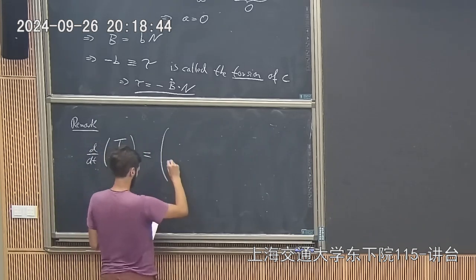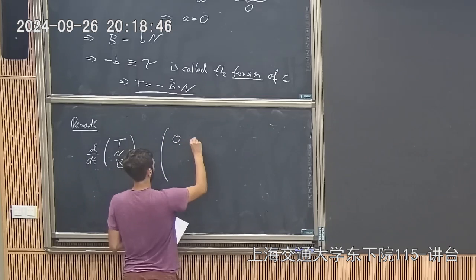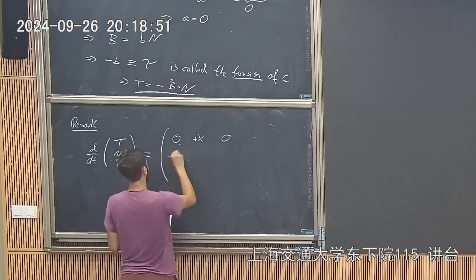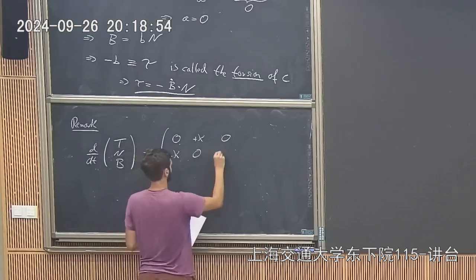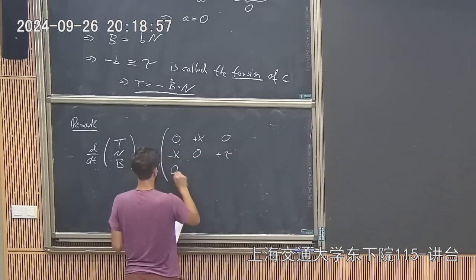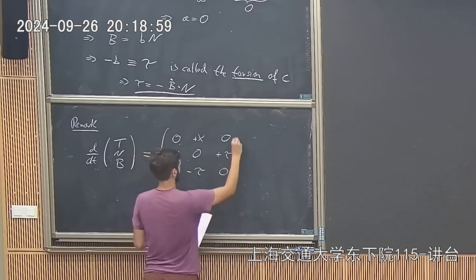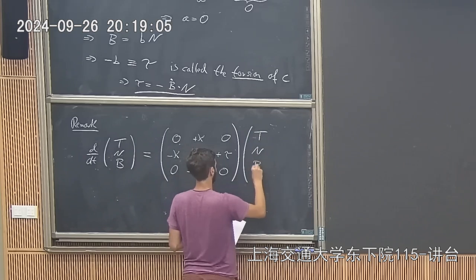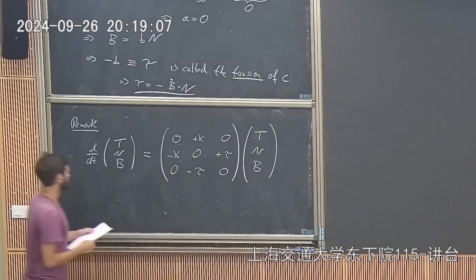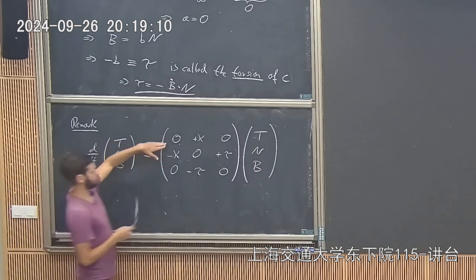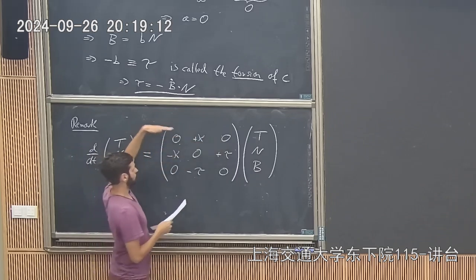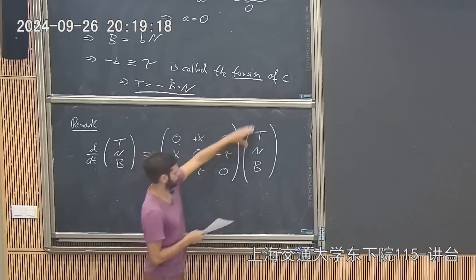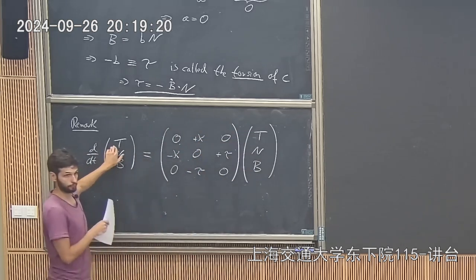You calculate it in a way that you take this line times this line to get the time derivative of the first t.